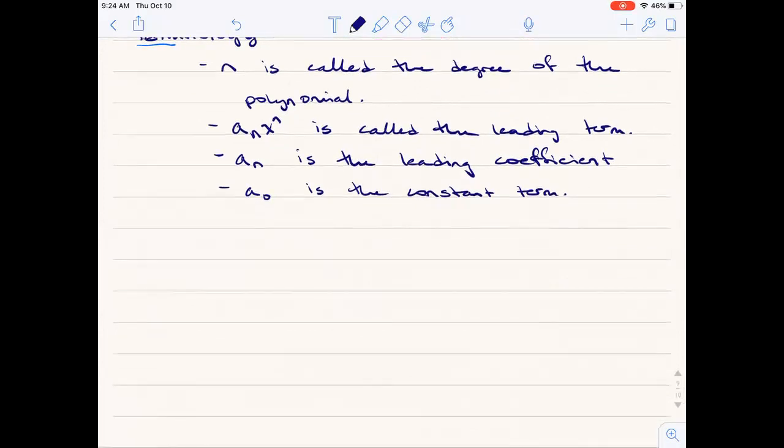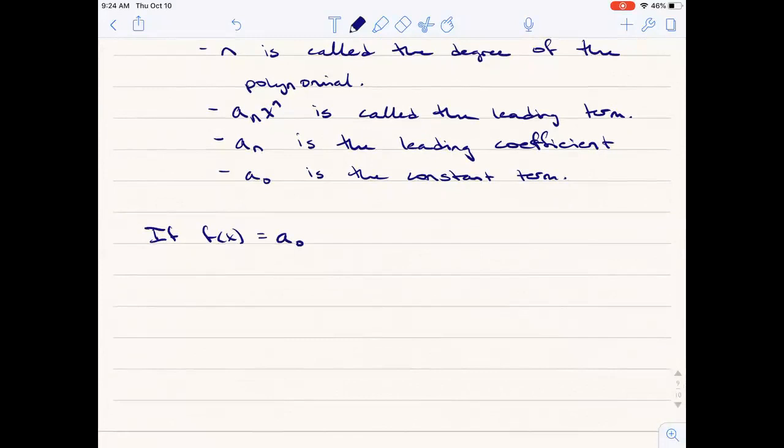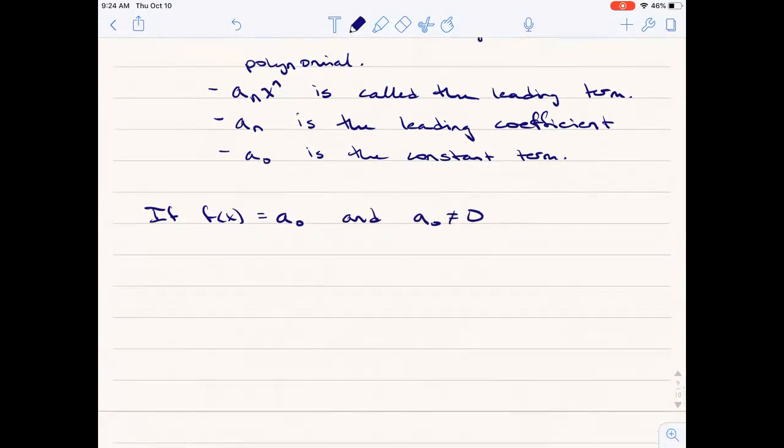Just some housekeeping. If f(x) = a_0, so if it's a constant, as long as a_0 is not 0, right? So it's a constant term.